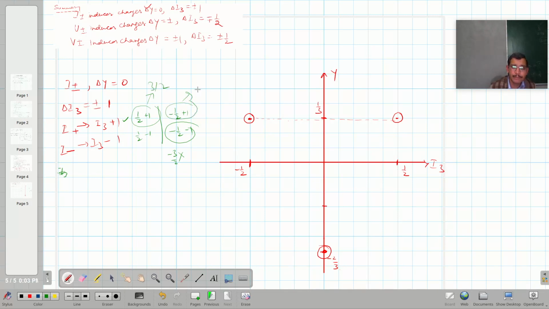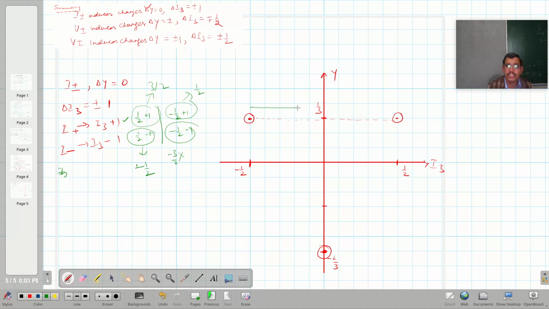But it will happen: it gives me 1 by 2, and it gives me the change for minus 1 by 2. So what does it mean? It means that I plus is changing minus 1 by 2 to plus 1 by 2, so that it will become this one.